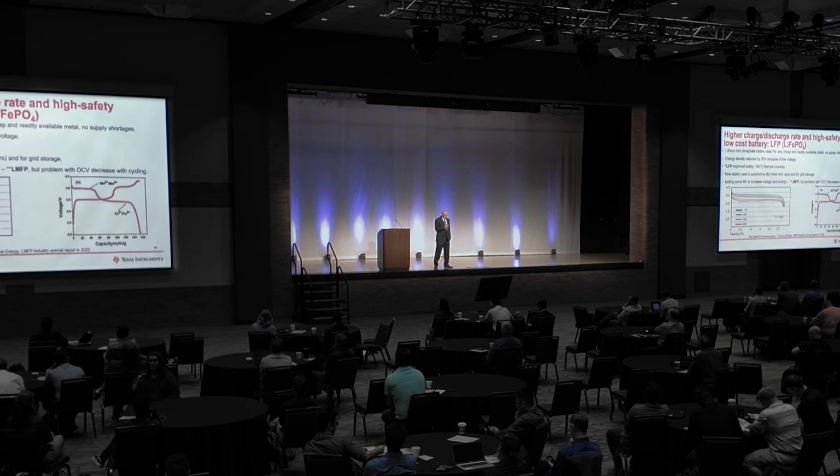With LMFP, this problem will still remain, but it gets a little better, because now you have two steps. The problem is that LMFP is not fully stabilized yet. There is still a lot of research going on to make them stable, because right now this higher plateau disappears first with aging, and the lower plateau stays. That means your OCV will actually change during cycling, which is not ideal for gauging.